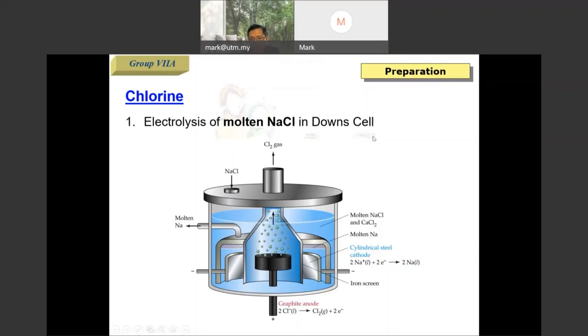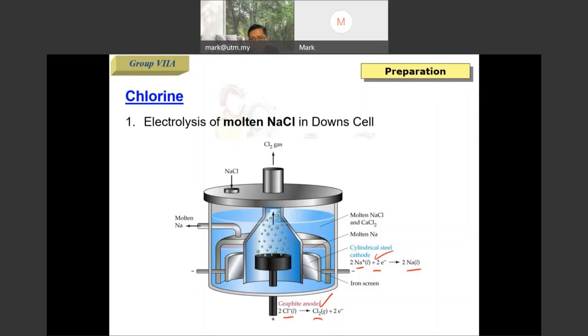This is the anode chamber, where the oxidation happens. The chloride ion is oxidized to form chlorine gas. The chambers are separated so that the products do not react. At the cathode, the sodium ion is reduced to liquid sodium.